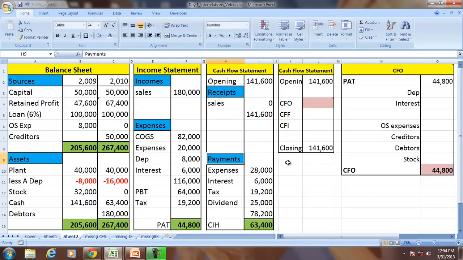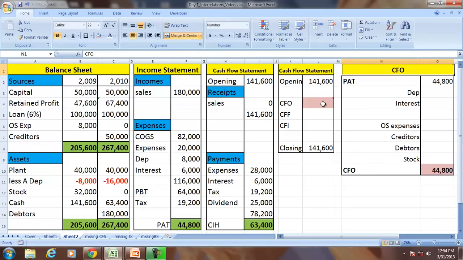So in this session we convert this cash flow statement into CFO, CFF and CFI, and also try to answer this question: why CFO is not same as PAT.